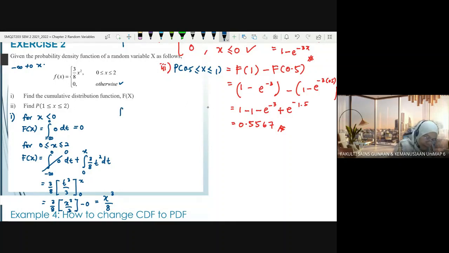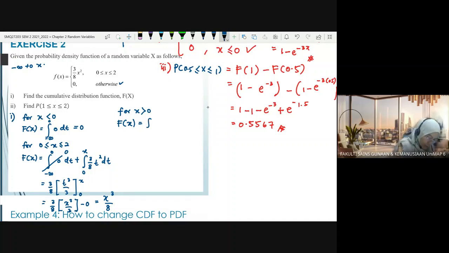Find the last part for x greater than 2. So this will be Fx. Again we are going to repeat the same process, but now for x greater than 2.